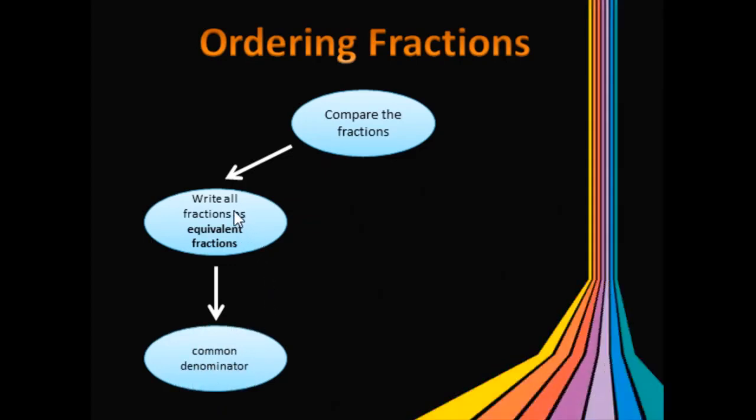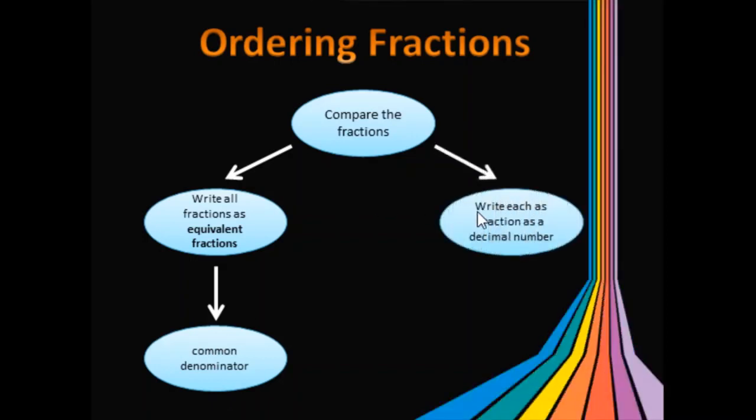The first way is to write all fractions given as equivalent fractions, or writing them with common denominators. Second is to change or write each fraction as a decimal number.